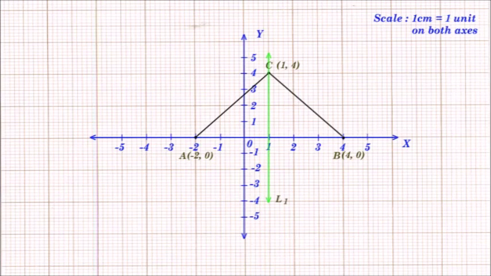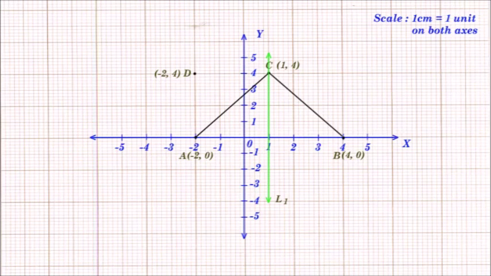Now, point D is reflected about the line L1 to get the image as E. Now we mark the point D with coordinates -2, 4. Now we want to reflect D in the line L1. Now the line L1 is x is equal to 1.